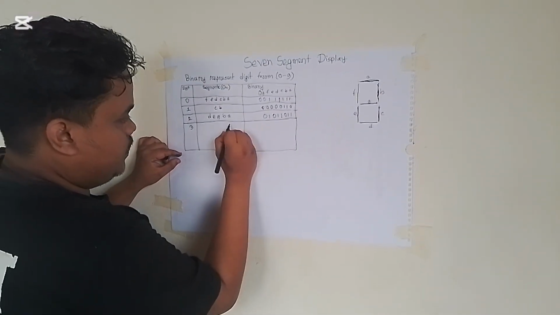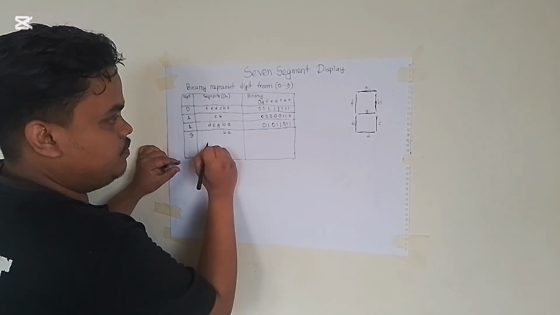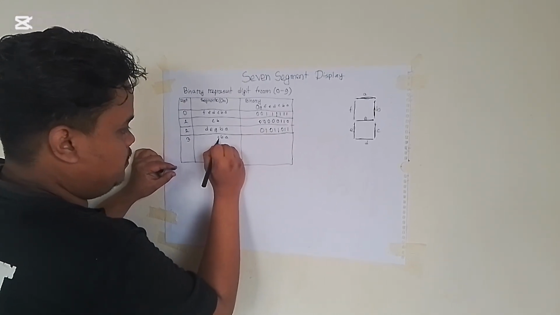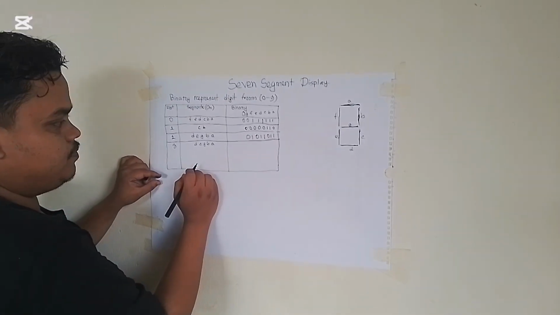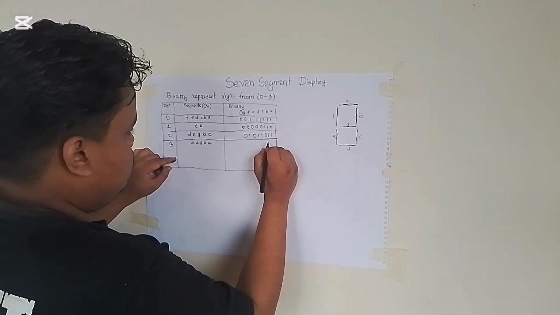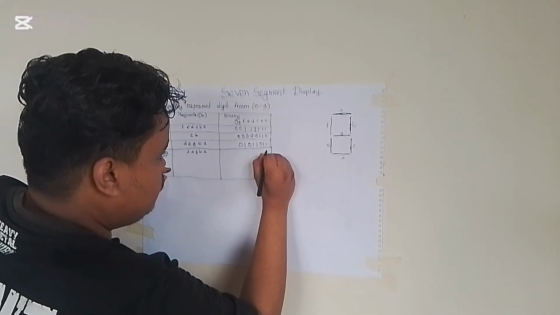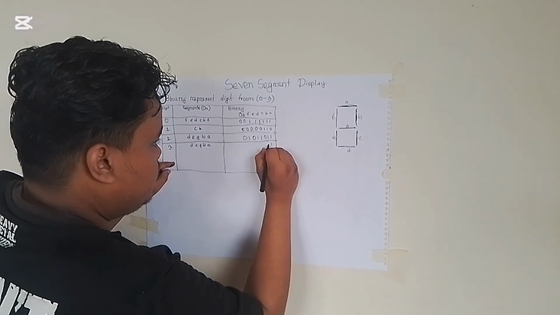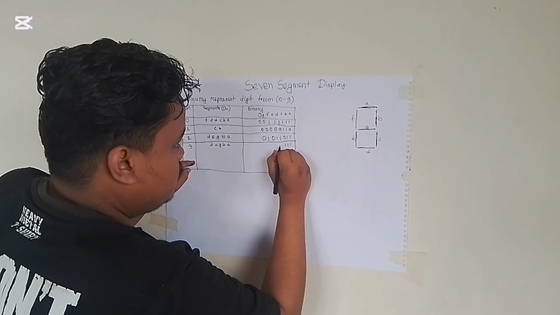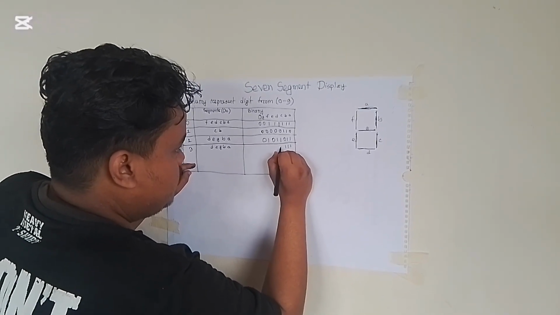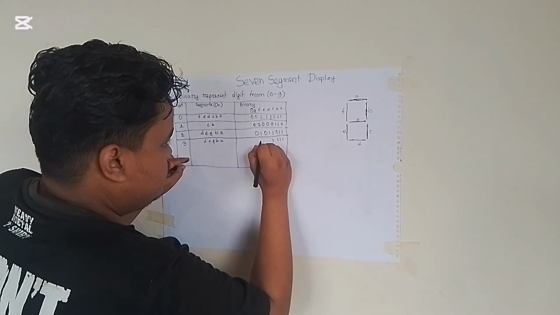So we write A, and write here the binary number A, B, C, D and G.